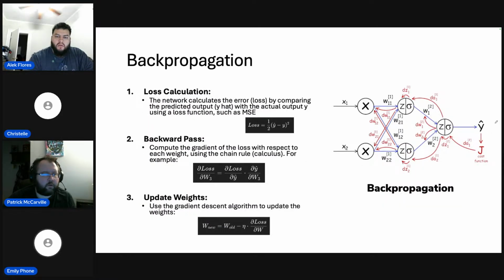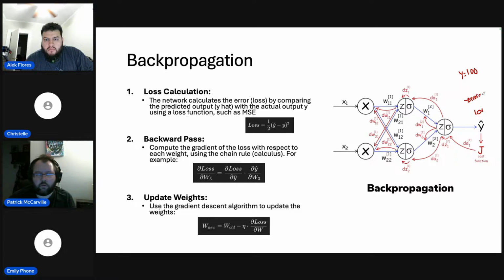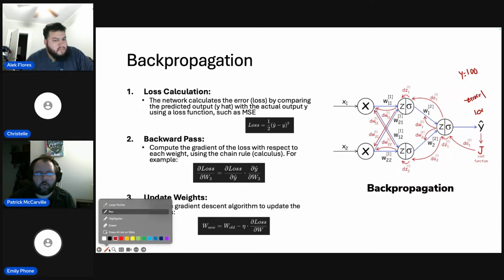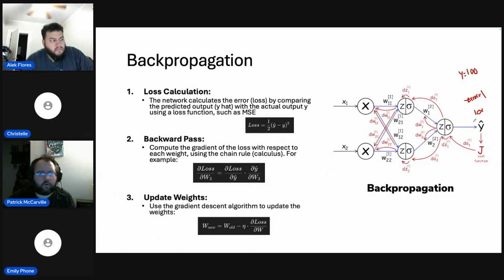Okay, so at the end of the day, what if we have a neural network and we're trying to predict house price, and our y hat was 101, and our ground truth was actually 100? So y equals 100. We know that we were off by 1, and we can tell that to this node: hey, you were off by 1.